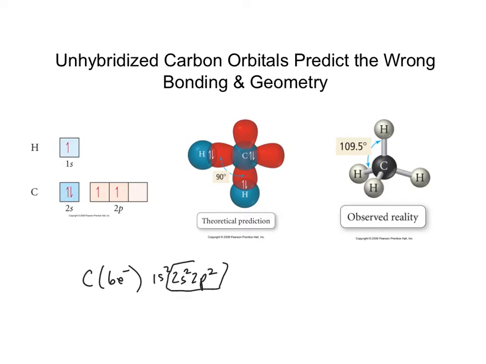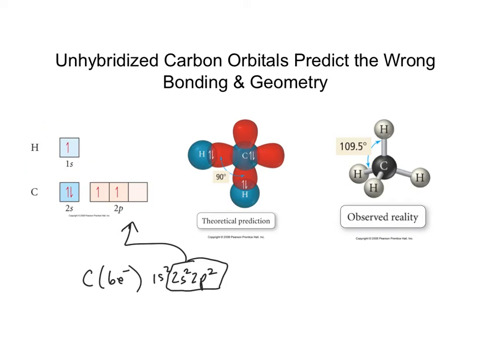So we're talking about the valence shell electrons, and if you put them in the orbital diagram, you're going to have 2s2. Those electrons are going to be paired here, and then you have 2p2. Remember Hund's rule, these two are going to be unpaired.